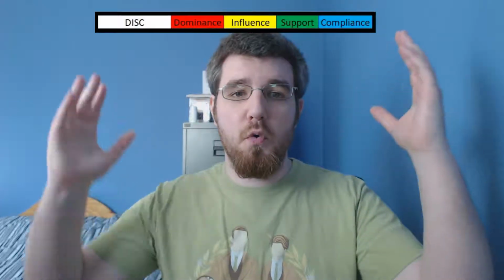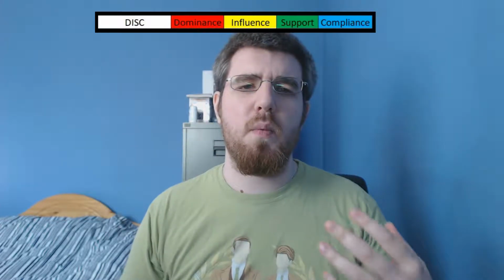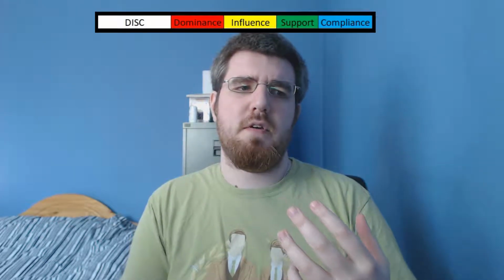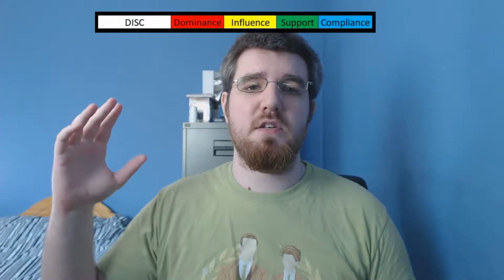So the first one that I've discussed a lot and refer back to an awful lot is DISC, which is the 4 key major areas of people's personality types, where you've got dominance and influence being traits that are much more towards extroversion, and support and compliance being much more towards introversion, or active and passive.